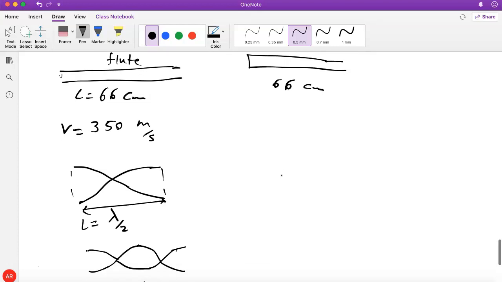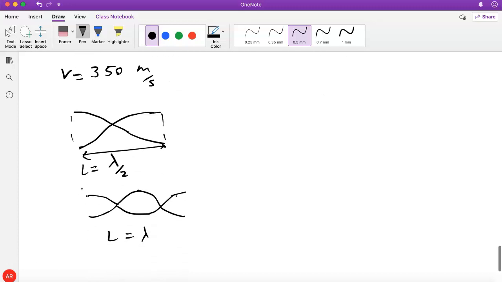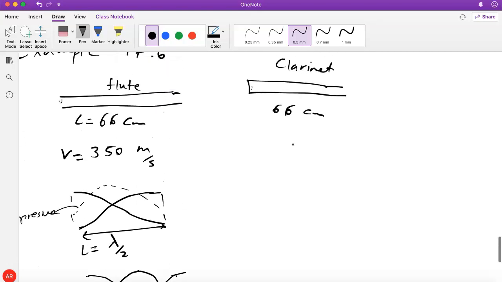So for the clarinet, for the lowest one, here I have a node, and I'm drawing the displacement. Alternatively, I could have drawn the pressure, which replaces antinodes with nodes and nodes with antinodes. So it would look like this. Let's say that's the pressure here. But it would give the same result. So for the clarinet, let's say I have a node here and an antinode there.